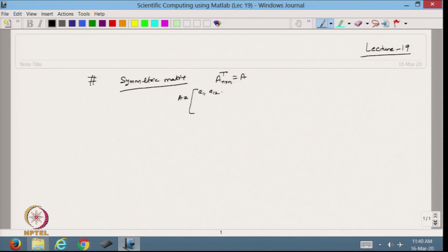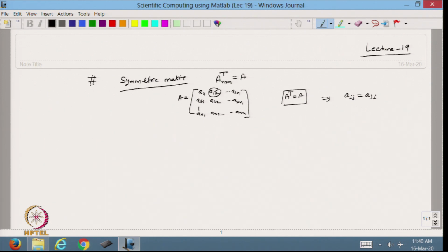A11, A12, A1n, A21, A22, A2n, and the last one An1, An2, Ann. If I take the transpose of A, it should be equal to A, which gives me that Aij should be equal to Aji.